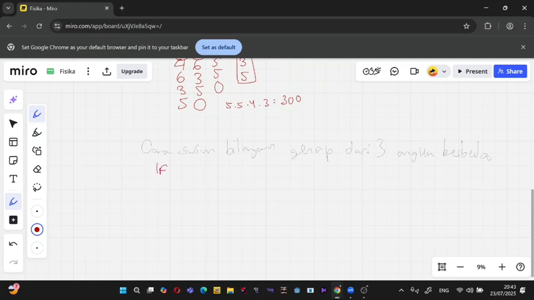Now time for a more interesting question. How many even numbers can you arrange with 3 different unique digits? If the question doesn't state which numbers you have to use, you just have to assume that you use 0, 1, 2, 3 until 9.